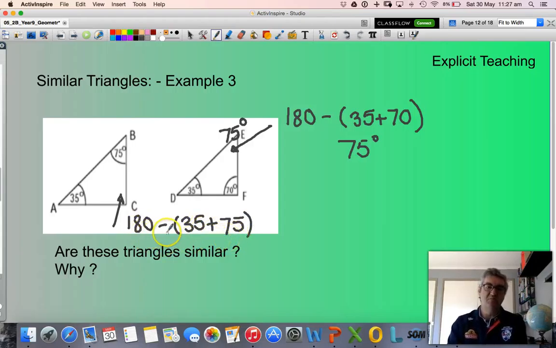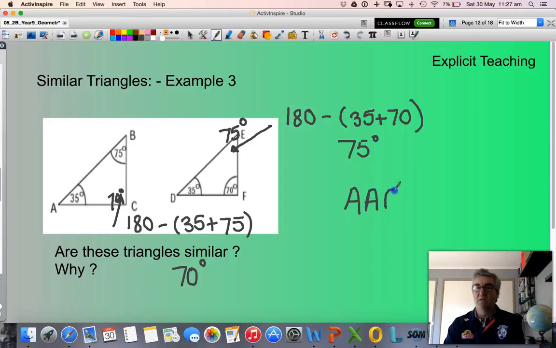So 180 minus 110 gives you 70 degrees. So 70 degrees there. So if I go around 35, 70, 75. 35, 70, 75. So I can say that those two triangles are similar due to the condition angle, angle, angle.